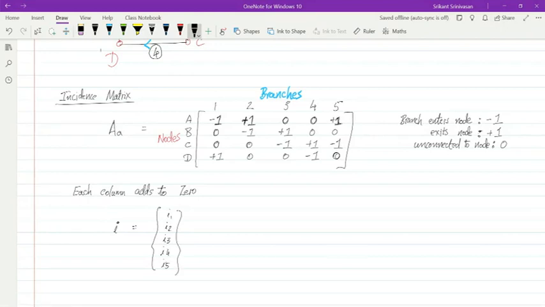Now, if I want to find out how this is satisfying Kirchhoff's current law, then what I can write is the matrix A into the vector I. What do you get?